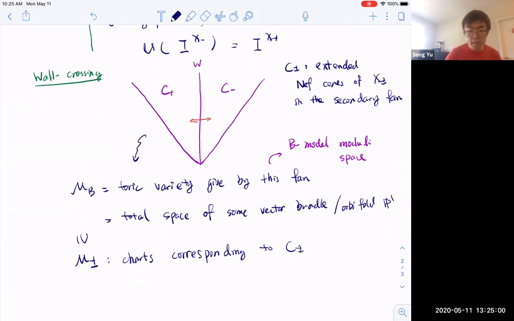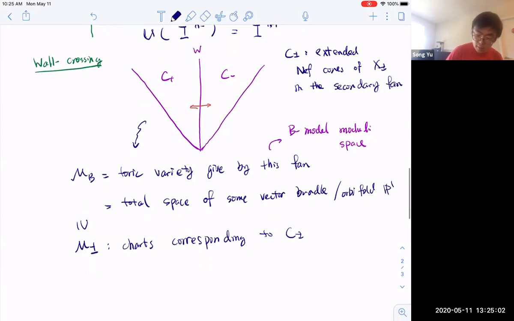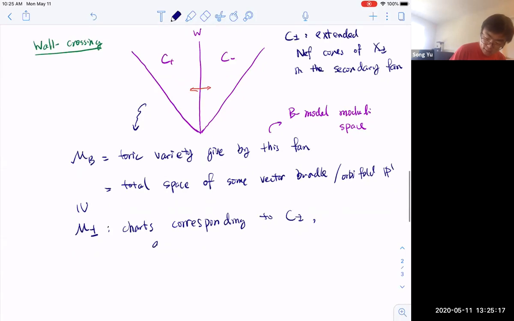They will look like a copy of C to some power K, where K is the rank of the space where the secondary fan lives in. And let's give coordinates.